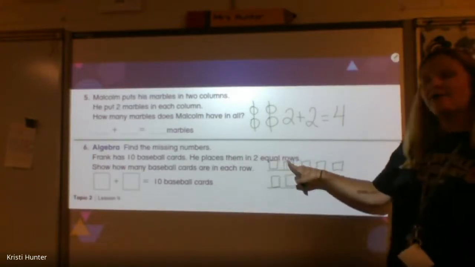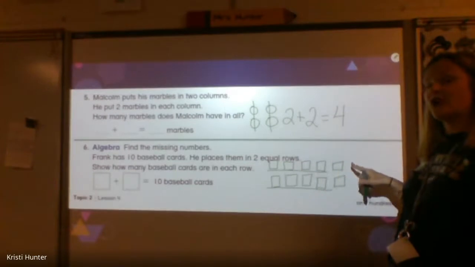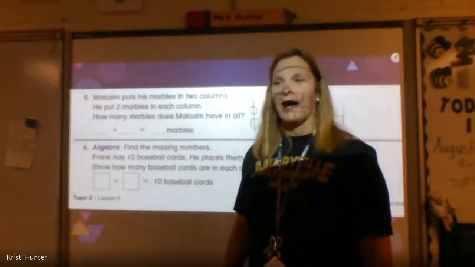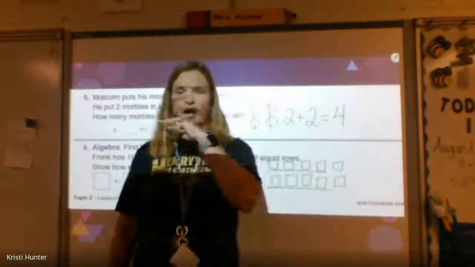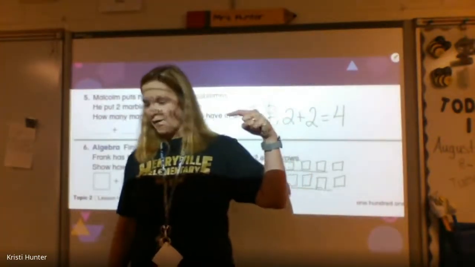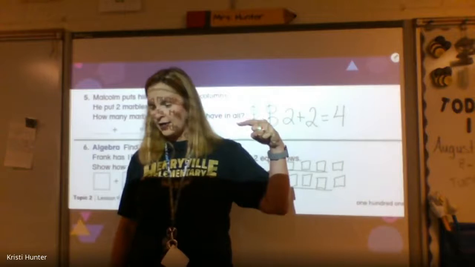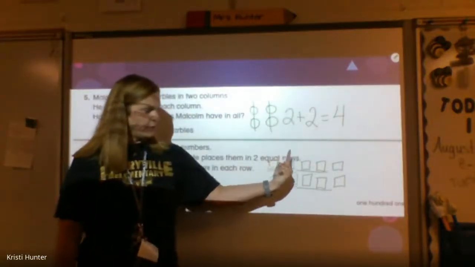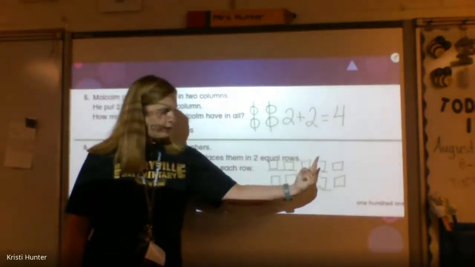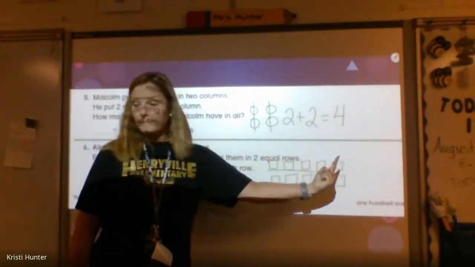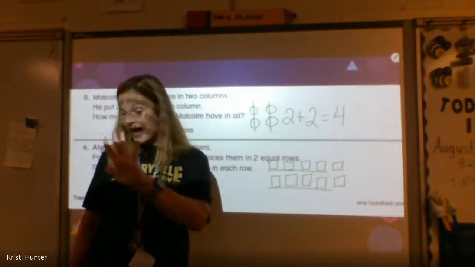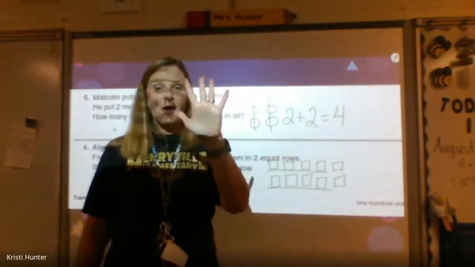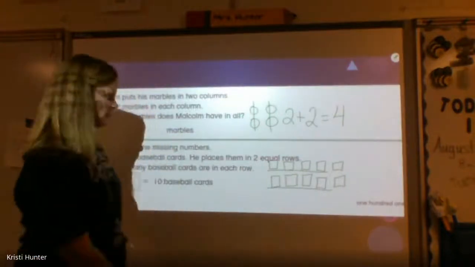Right? Count how many's in your first row and show me with your hands the answer you got. How many did you get? How many's in your top row? Count that top row. 1, 2, 3, 4. Did you hold up 5? There are 5 in that top row. So guess what my equation would be?